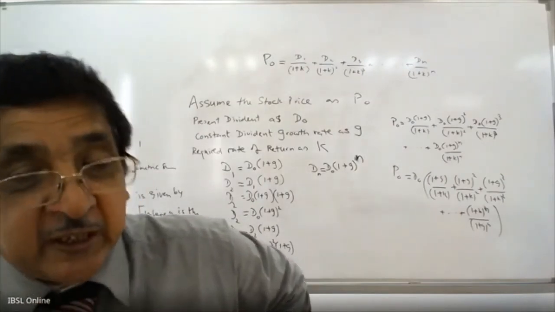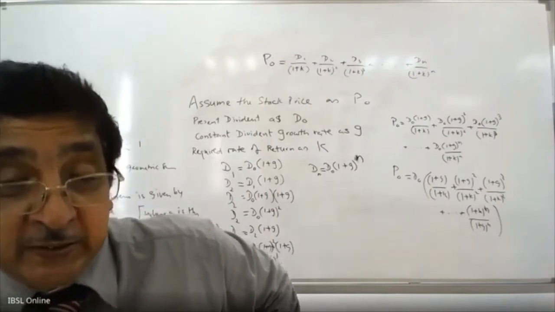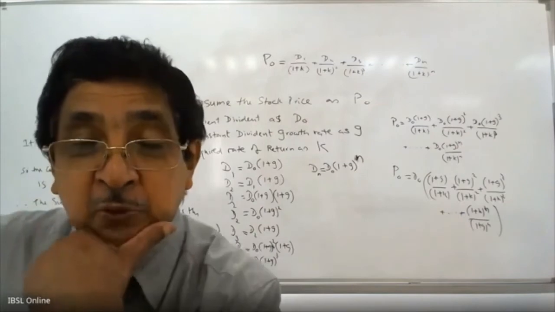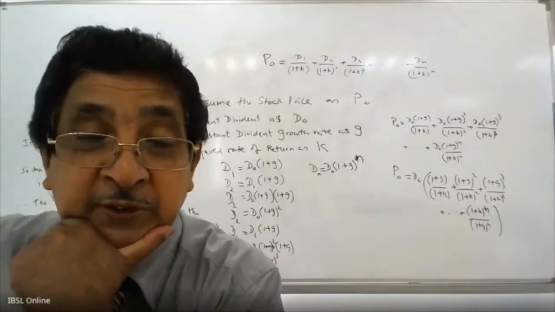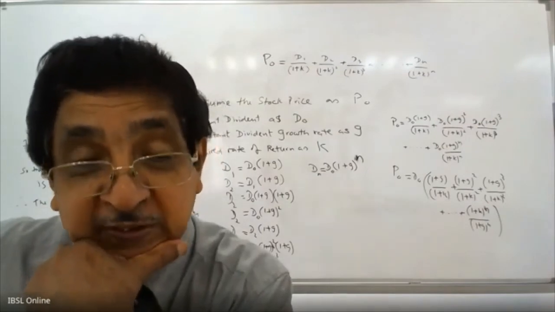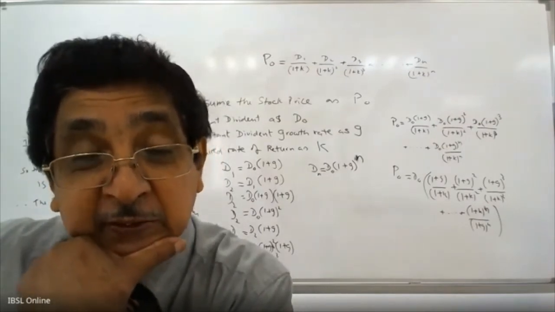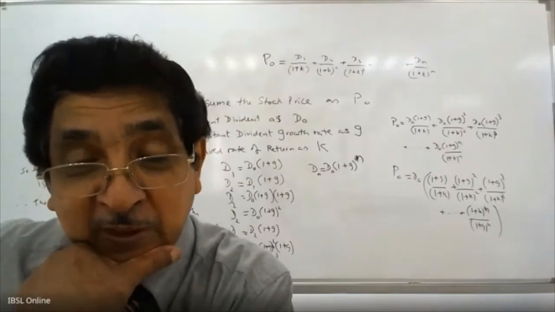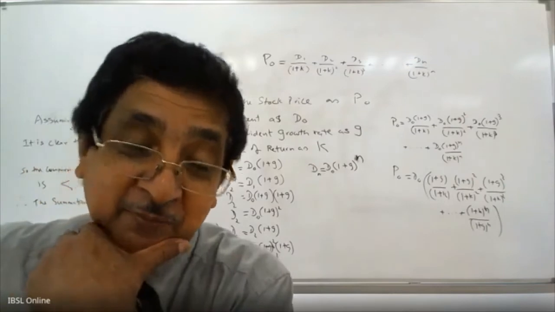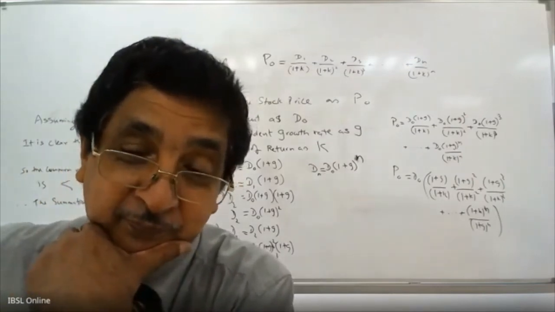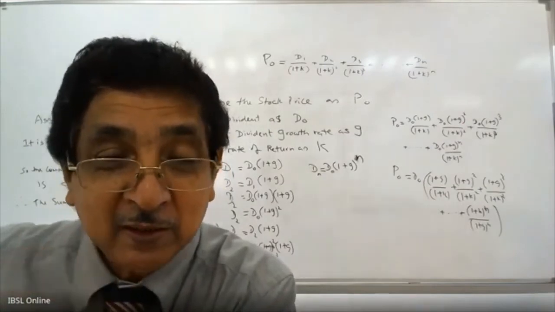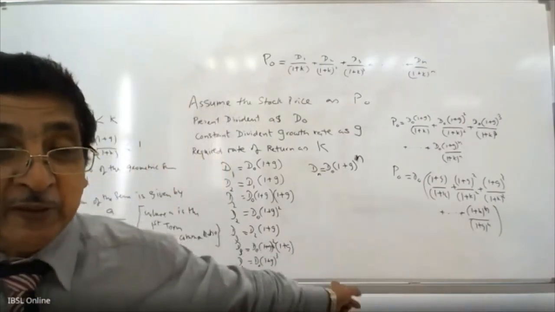Now, D0 we have taken out, right? It is the common factor. Now we have come to a situation where we try to see the summation of a geometric series with the first term 1 plus G over 1 plus K, and the common ratio is also 1 plus G over 1 plus K. Now I have just given the formula.